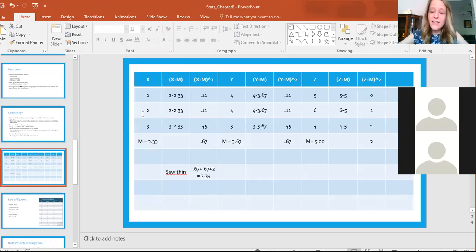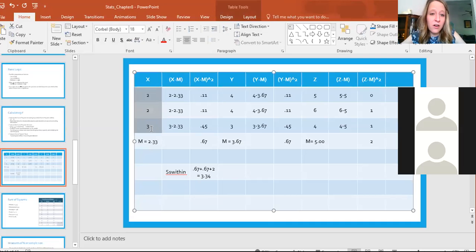That is basically, if you took all of these groups and put them all in one pot and added them together and divided by the total n, what would the mean be? So I would want to add my 2, 2, 3, my 4, 4, 3, and my 5, 6, 4 all together and divide by 1, 2, 3, 4, 5, 6, 7, 8, 9, right?